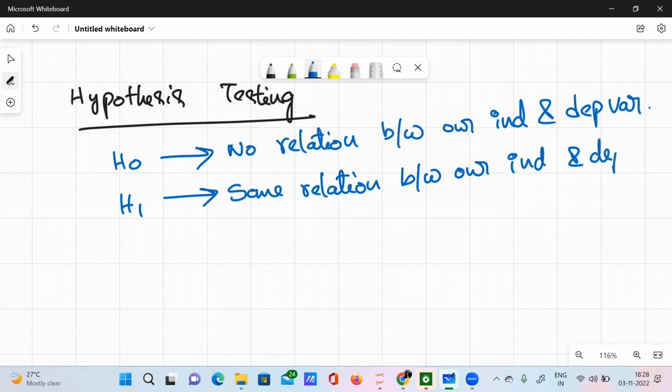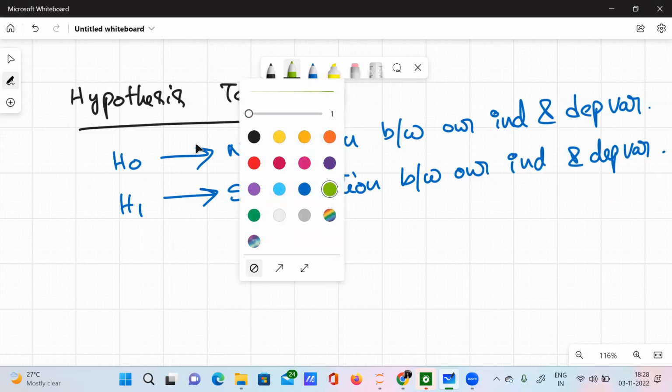In hypothesis testing, we'll be facing two situations. The first one is the null hypothesis, which we also call H naught. I'll use a different color, maybe red would be best here.